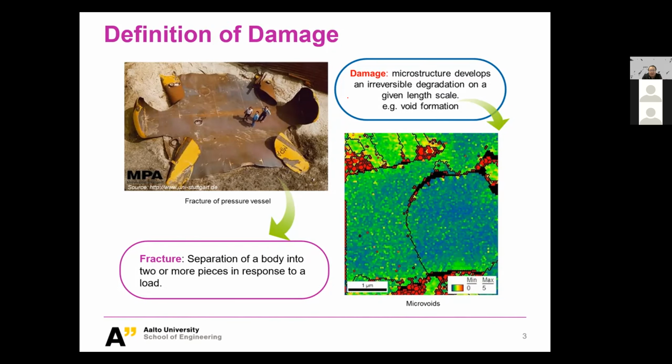You saw many examples, and you also visualized the phenomena at different scales, from component level to sample level, and finally to the microscope level. And then you learned the mechanism.